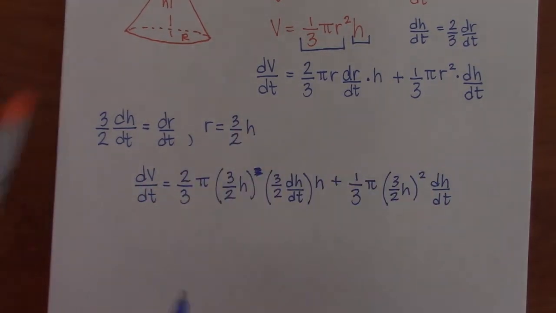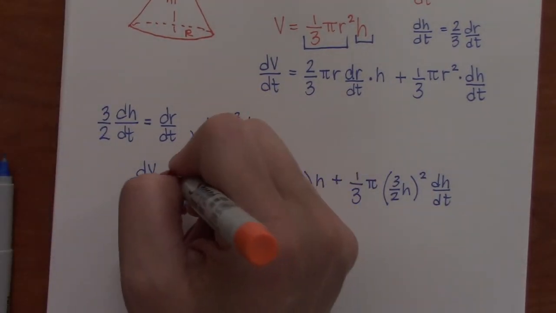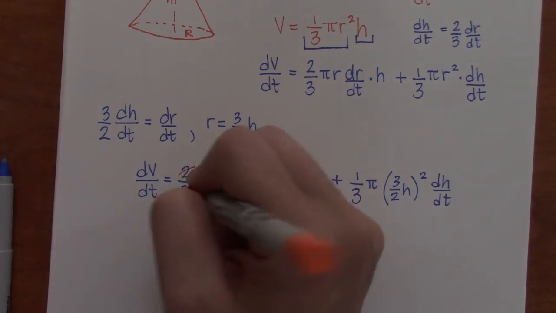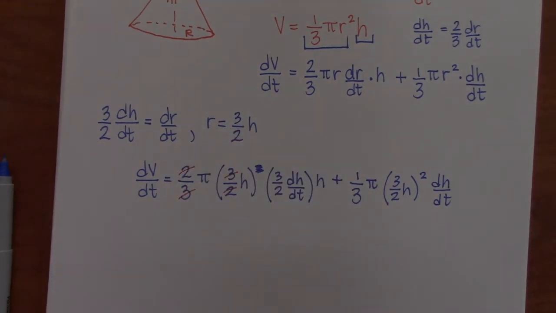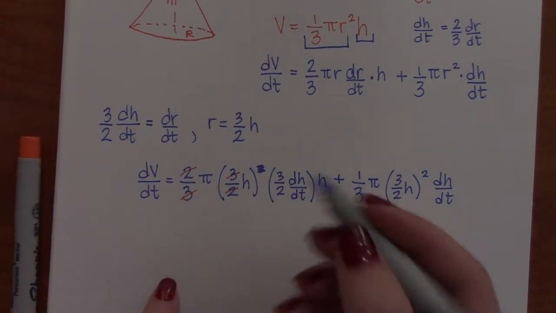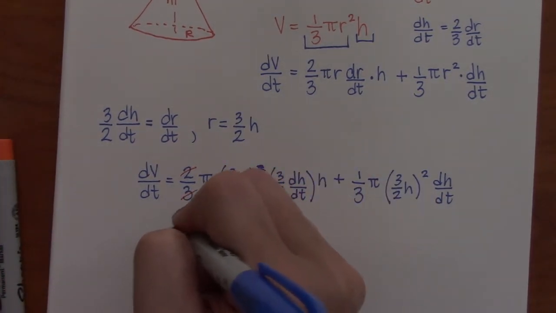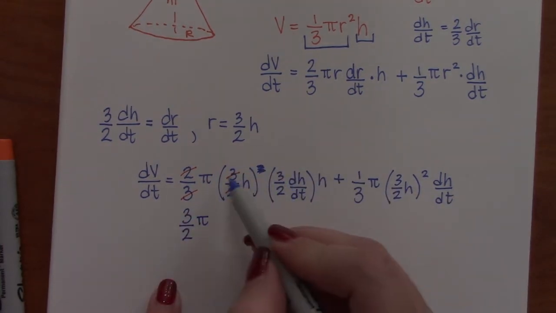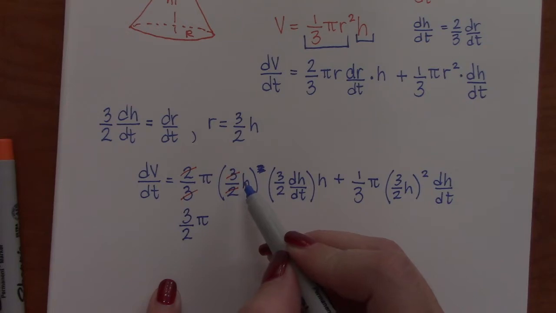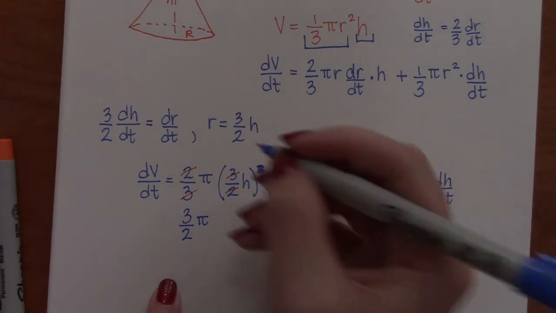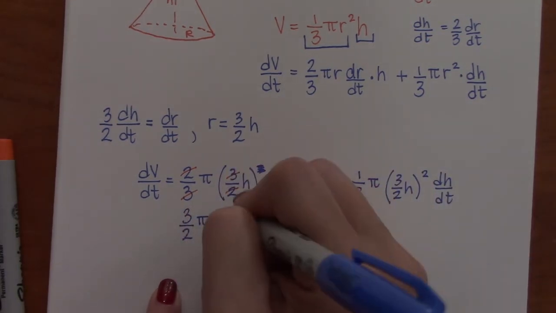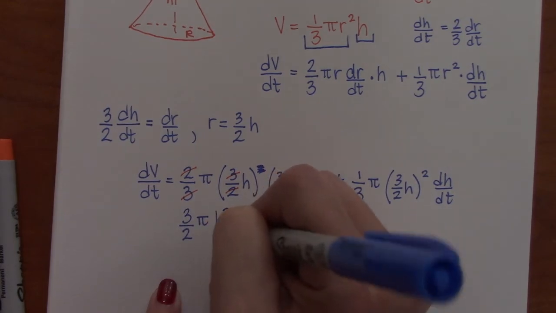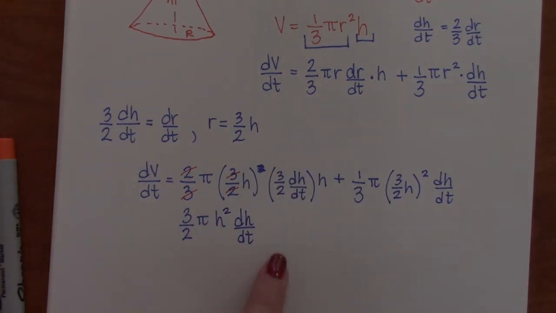This 2/3 and 3/2 just cancel each other right out. The 3's cancel and the 2's cancel. And so all I'm left with is 3/2 pi. There's my 3/2, there's my pi, and I have h times h. So I have h squared dh/dt.